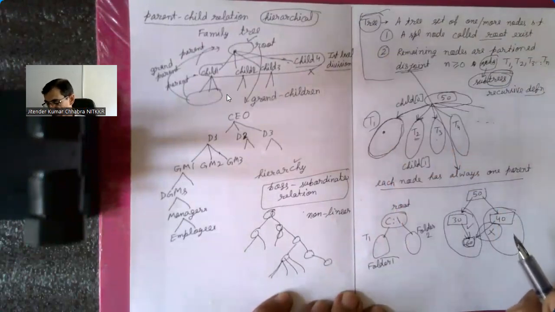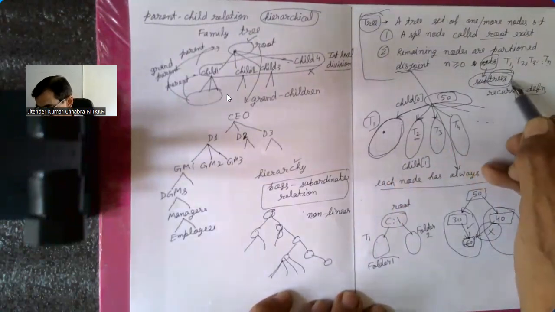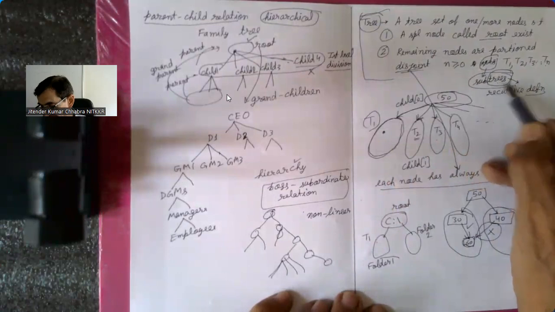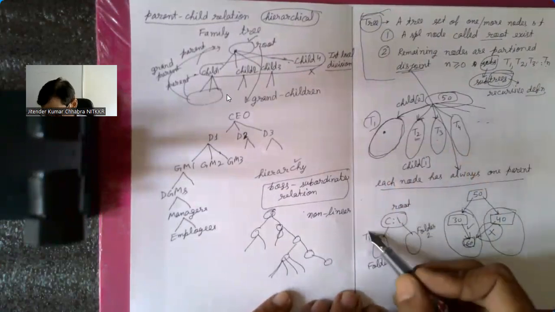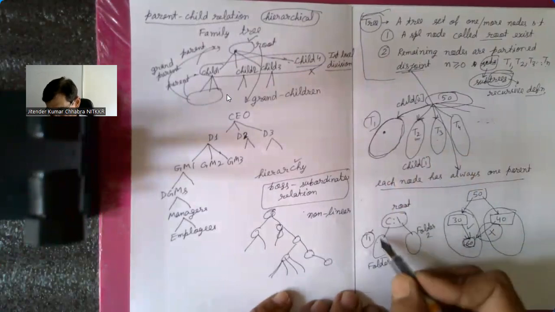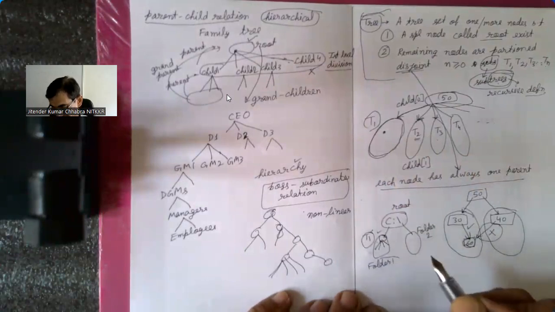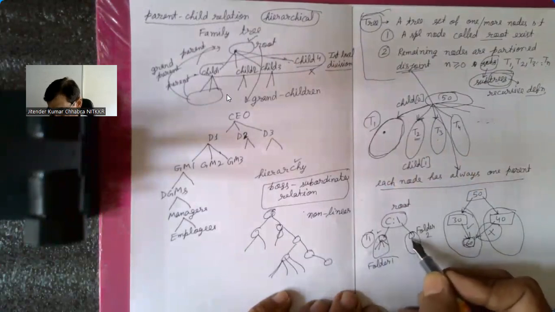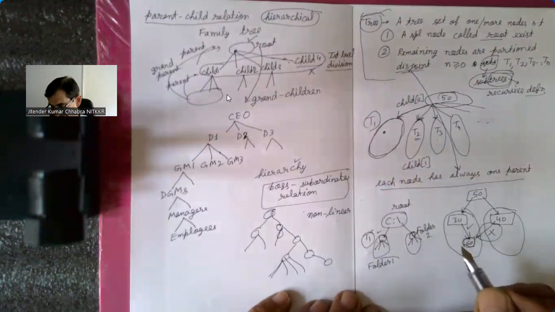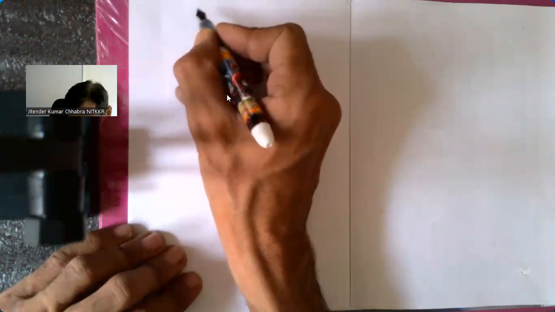Otherwise, it is a recursive definition. The definition of tree again uses the word tree, meaning this T1 itself is another tree. T1 tree means if n is greater than 0, so T1 exists, then it will have a root, and the root will have further sub-branches. If this tree exists, it means this root will exist with further sub-branches and so on. So effectively my tree structure becomes very simple and very useful, and I have a lot of subtrees present which are recursive.